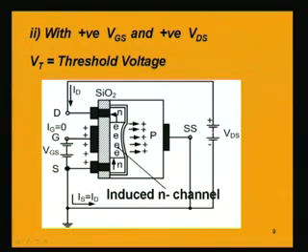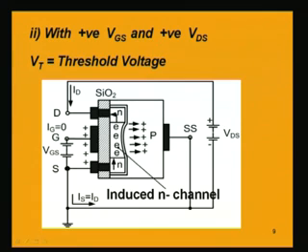So, as we are having a positive voltage at the gate terminal, it will be repelling these positive charges deep inside the substrate. That means it will be pushed towards deep into the P type substrate, and the electrons, which are the minority carriers, will be attracted by this positive terminal of the gate.